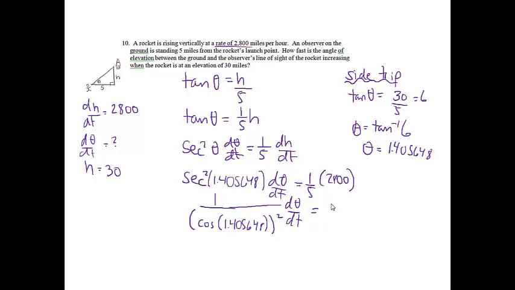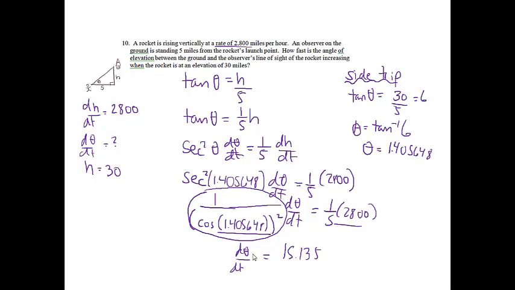I want to be accurate, so I'm going to go out probably 5 or 6 spaces. When I'm done with it, I will divide both sides by that, and you should get d theta dt is equal to 15.135, and since it's an angle we're measuring it in radians per hour.